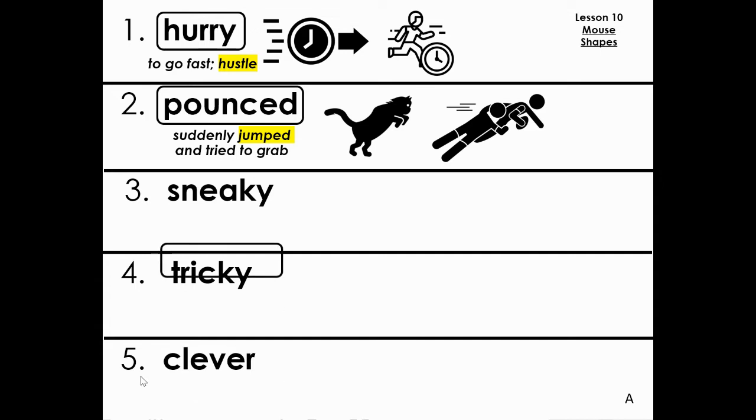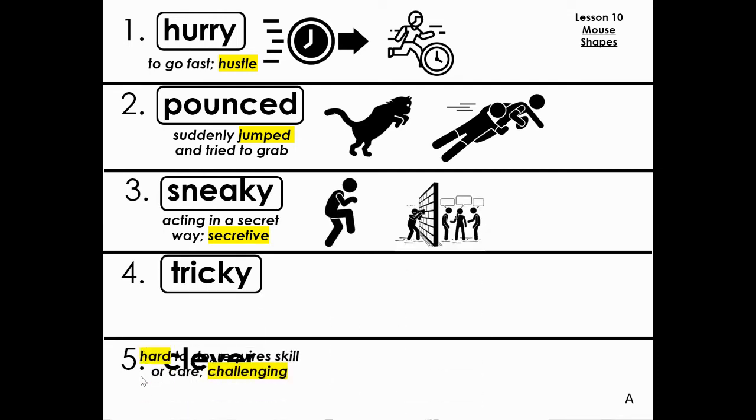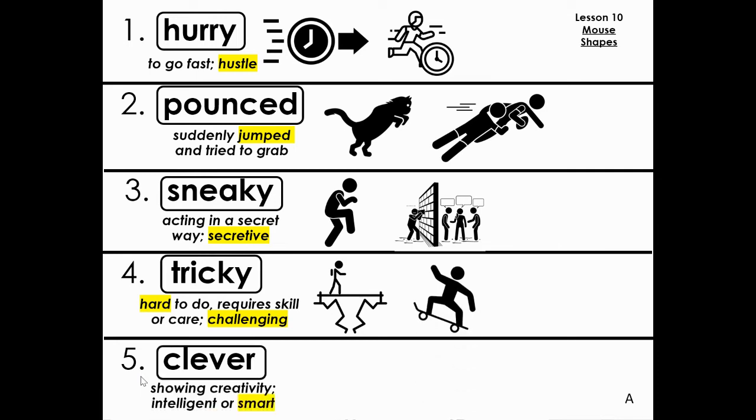Number 3, sneaky. Sneaky means acting in a secret way, secretive. Number 4, tricky. Tricky means hard to do, requires skill or care, challenging. And finally, number 5, clever, showing creativity, intelligent, or smart.